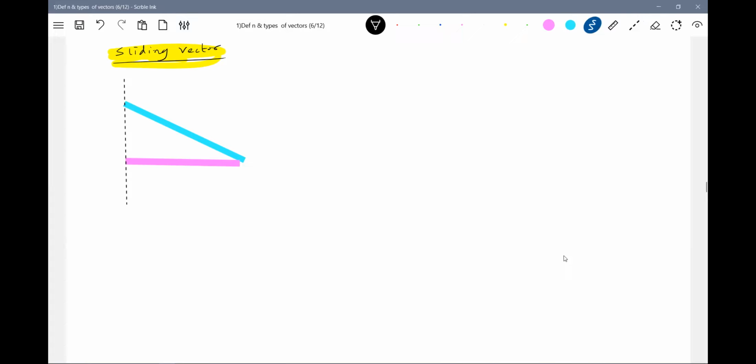So I have two rods, and they're connected to a common point.